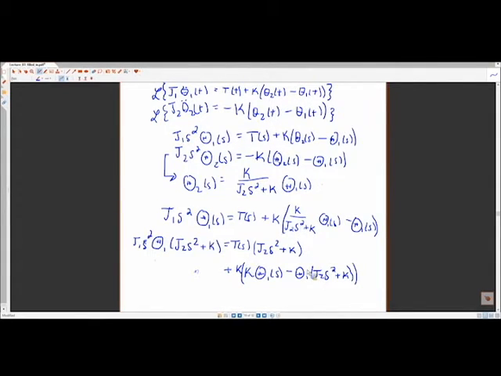All right, and then do some more rearranging. We can get down to, let me draw a line to separate these out. So do some last math manipulations.